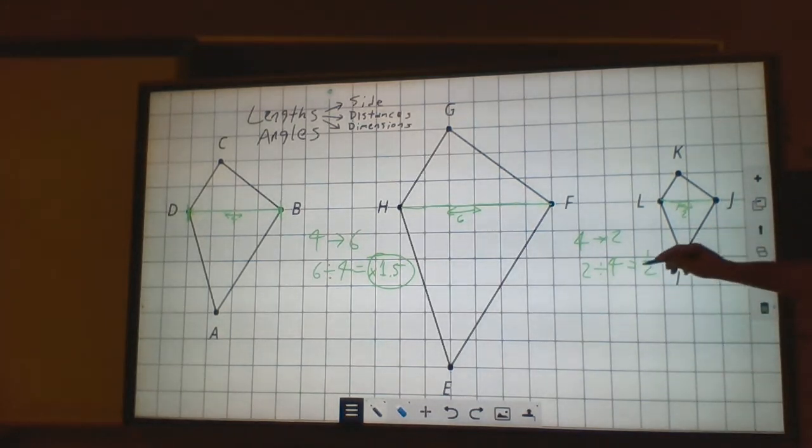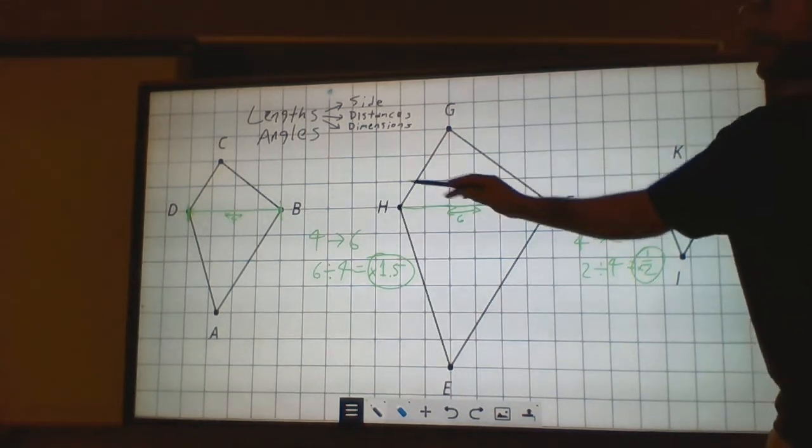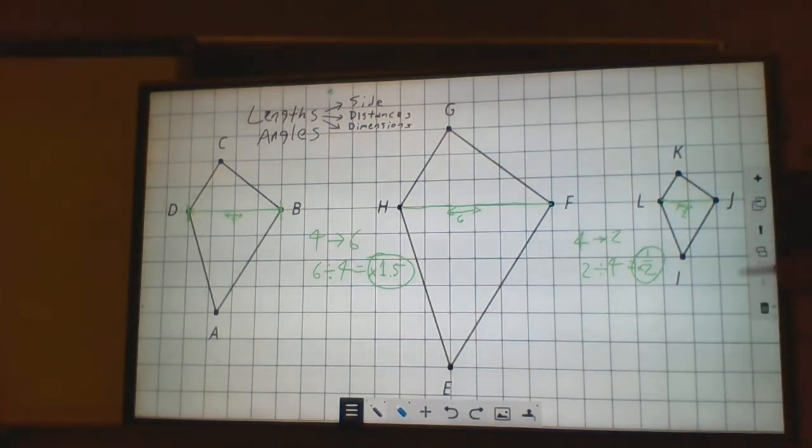It's 1/2 the length, which means the scale factor is times 1/2. That means for every one box in the original, 1/2 of a box is being spanned in this copy.